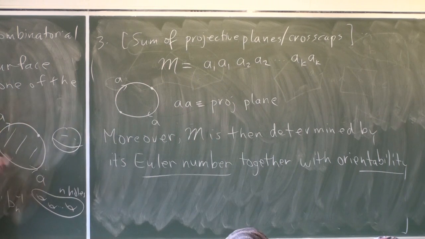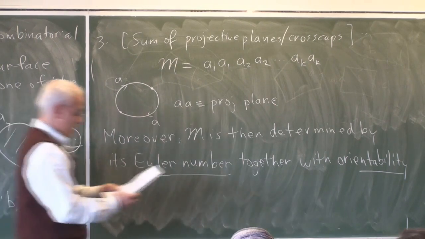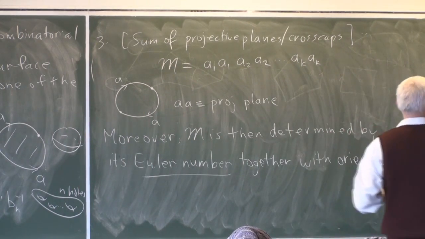In other words, if you know the Euler number and the orientability, then you know exactly where it is on this list. So maybe I might make a table here.